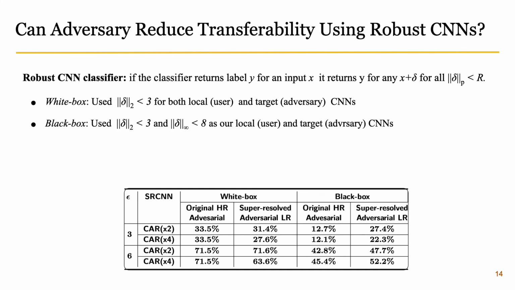We observed similar results for black box settings in which the adversary uses robust CNNs with the L infinity norm of 8. We can conclude that if users utilize robust CNNs, then they can learn survivable adversarial images against an adversary with robust CNNs.